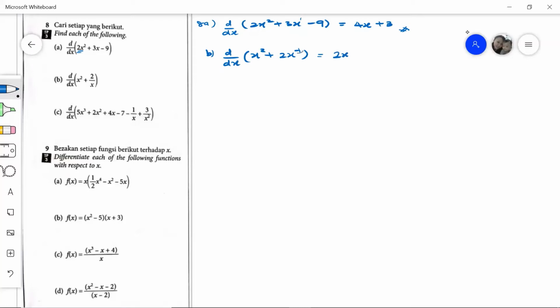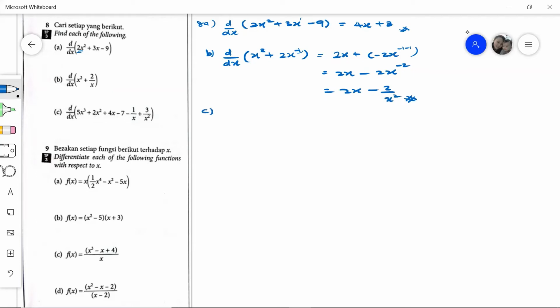When we bring down this power to the front, negative 1 times 2, we have negative 2x, negative 1 minus 1, therefore we have negative 2x to the power of negative 2. If you want to go back to the positive index, then we write negative 2 over x squared. So this is the answer.